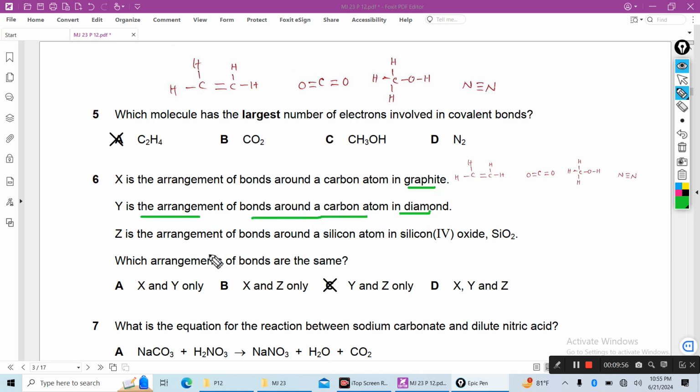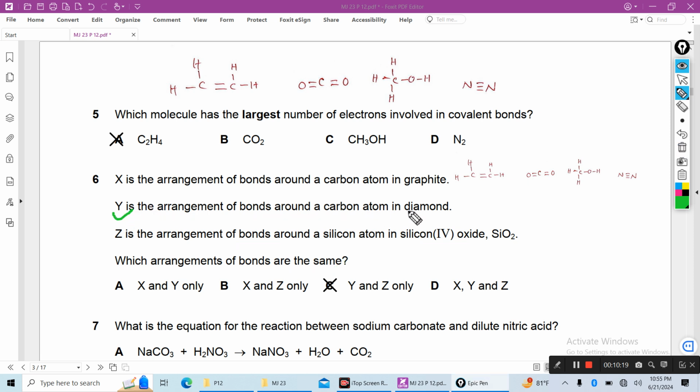Z is the arrangement of bonds around the silicon atom in silicon(IV) oxide, SiO2.